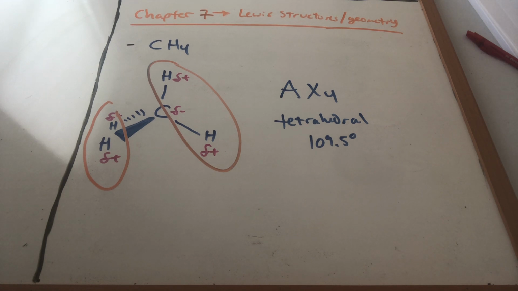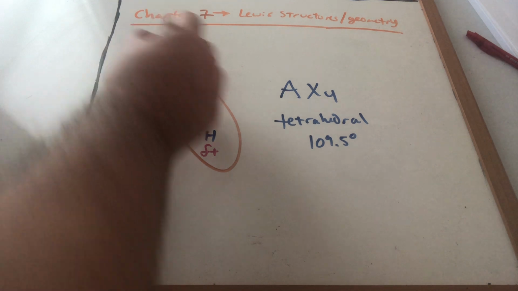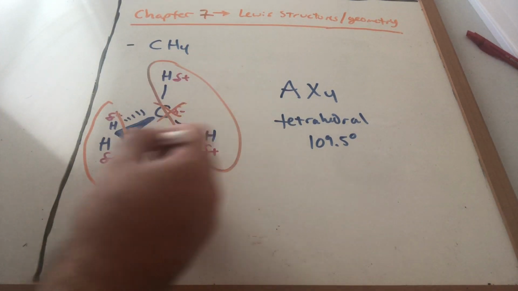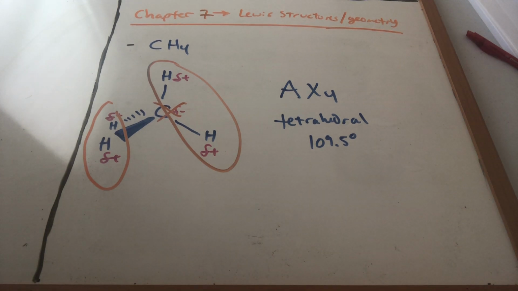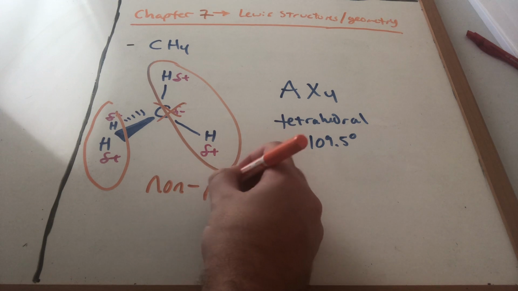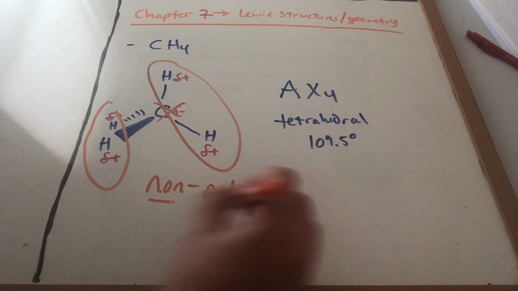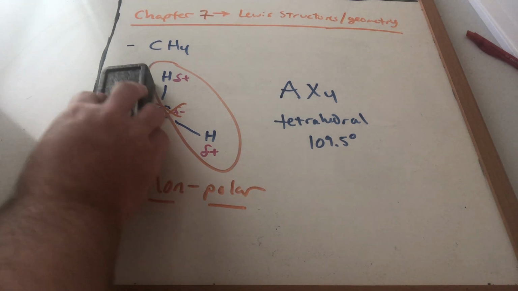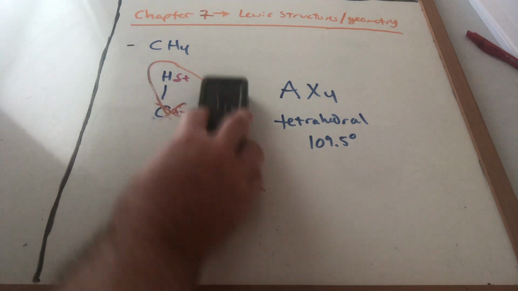Do you see the same charges or different charges? All I see on the outside are H's. Remember, the C really doesn't matter. I have H's on the outside here, H's on the outside here. All the H's are partially positive. So this guy is non-polar. Hopefully you're seeing with these examples how we go through polarity determination.